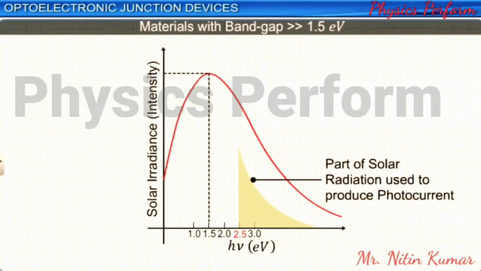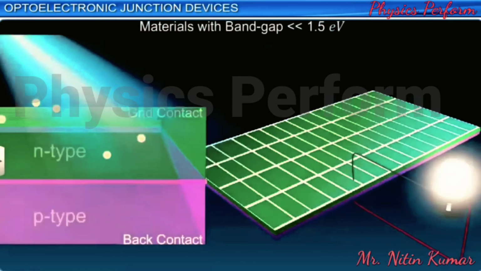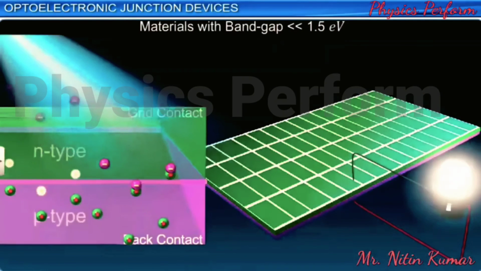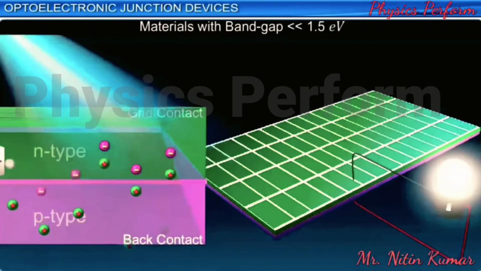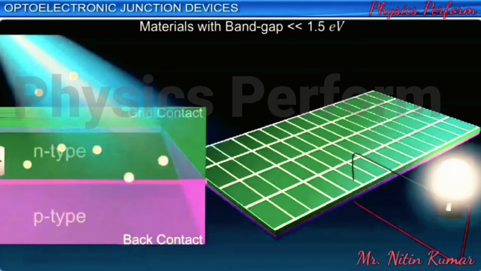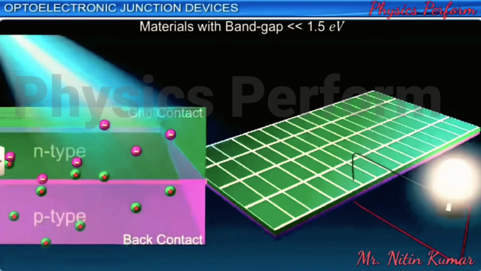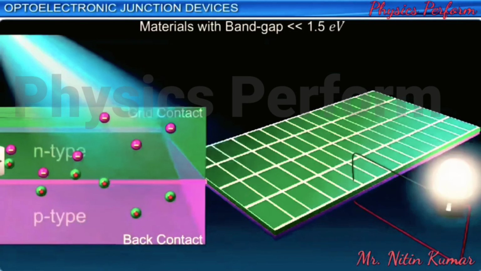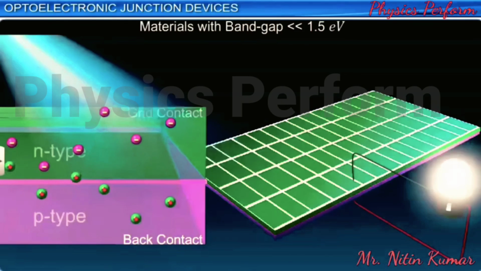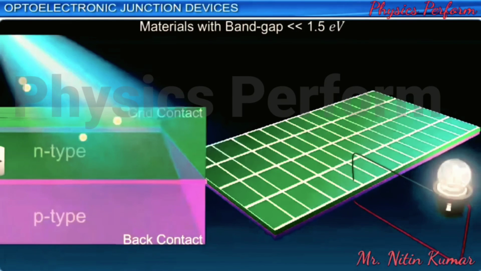In semiconductors having band gaps much lower than 1.5 electron volts, most of the incident radiation is absorbed by the top layer of the cell. Thus, very little radiation reaches the depletion region to produce electron-hole pairs that gives rise to the photocurrent. Hence, such materials are also not preferred in the making of the solar cells.